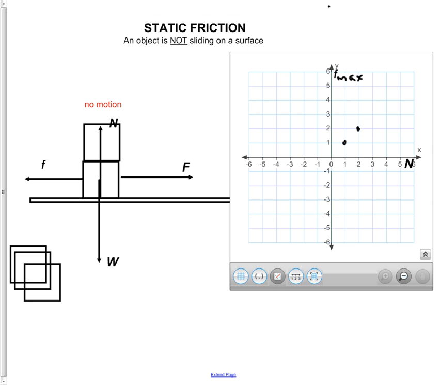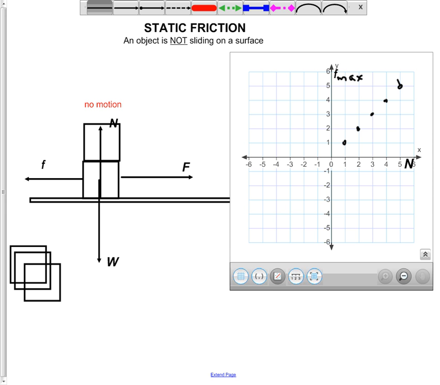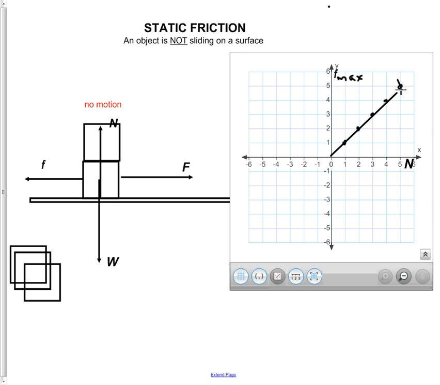And I think rather than go through stacking these all up again, you can see what I'm doing. I'm going to get a bunch of data points like this. And when I'm finally satisfied that I've got enough data to see what's going on, then I'll draw a straight line through them all. And I will say that now I sort of understand what's going on. It is F max, which is proportional to the normal force.